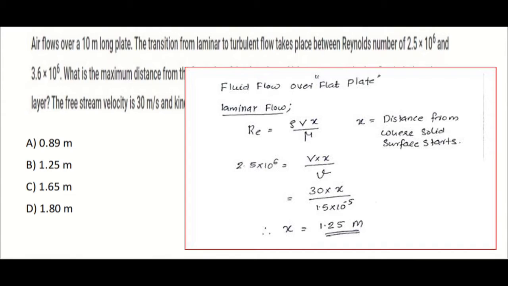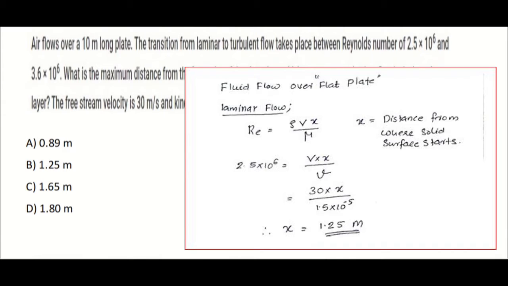Rho is the density, v is the velocity of the fluid, x is the distance from the front edge of the plate, and mu is the dynamic viscosity. This question already gives the kinematic viscosity, that is the dynamic viscosity divided by density of the fluid. The velocity is also given.